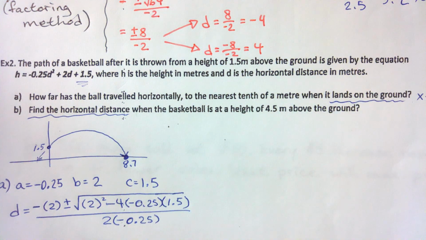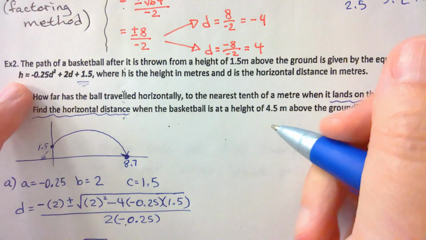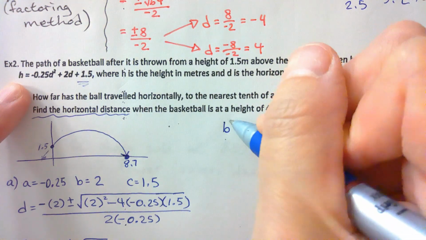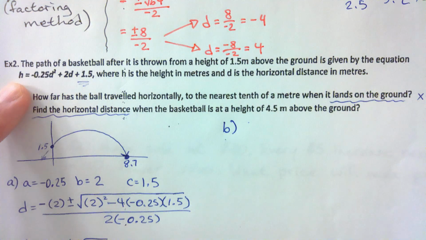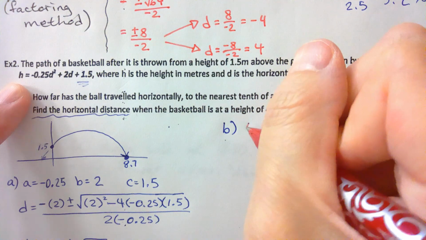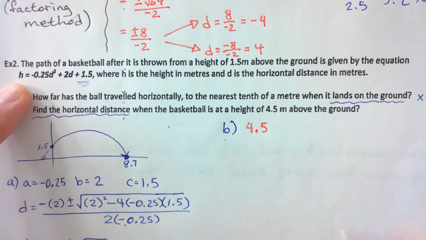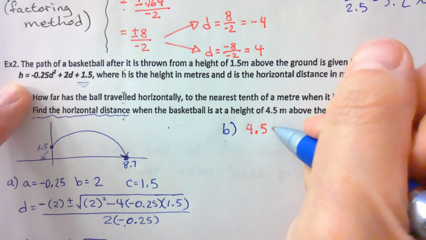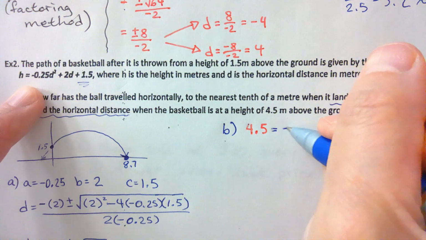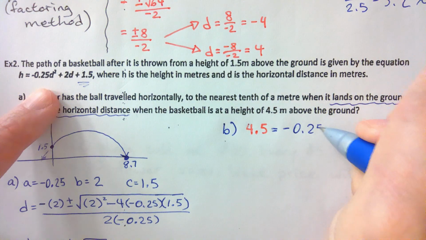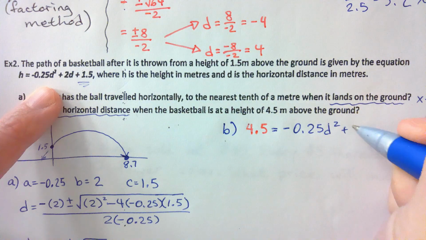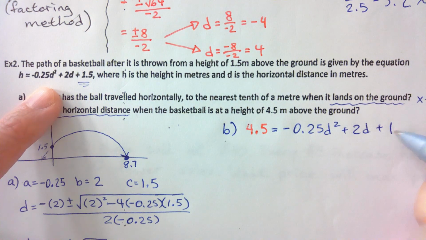Okay, so where is this 4.5? 4.5 is the height. So this is a tricky question. So 4.5, I'm going to sub in 4.5 here. And then negative 0.25d squared plus 2d plus 1.5.